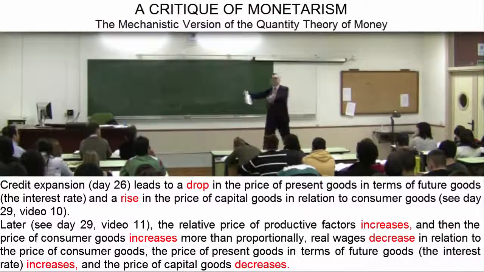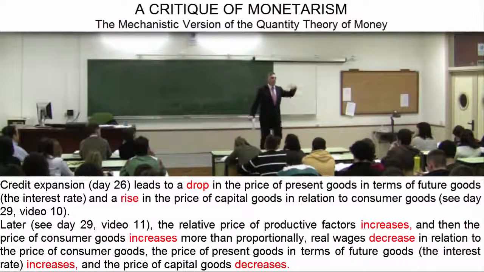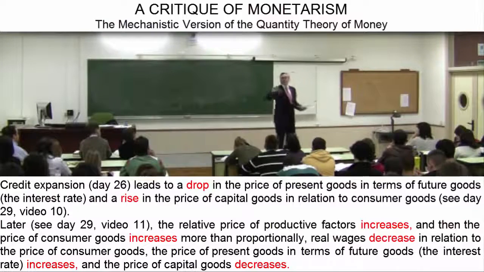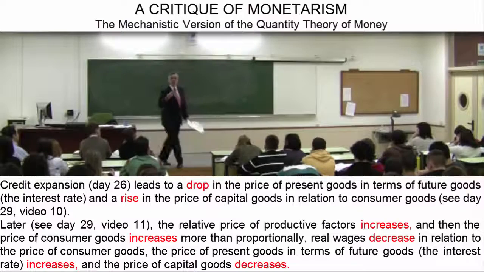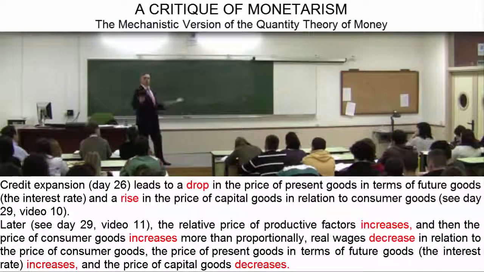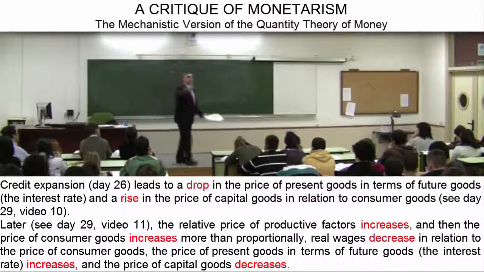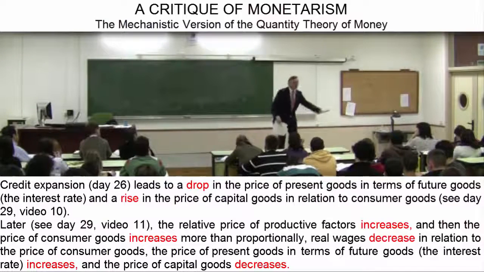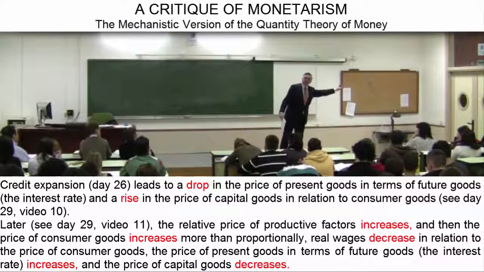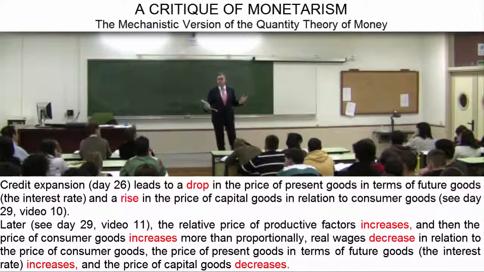Later, we saw that after a time lag, in a second, third, or fourth stage, that money eventually reached the pockets of consumers, who had not altered the proportion in which they decided to consume and save. And so they used their new monetary power to purchase consumer goods. We also saw that a temporary increase in the price of consumer goods followed, and that this increase was more than proportional to the prior increase in the price of capital goods, and that these increases, along with the Ricardo effect, etc., reversed all of the consequences of expansion we had studied.